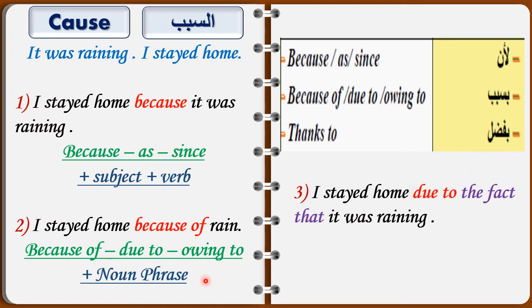Okay. But if we don't know the noun, في حالة لم تعرف اسم يمكنك استعمال the fact that plus subject plus verb. I stayed home due to or because of or owing to the fact that it was raining. The fact that, and then we have the sentence without change.